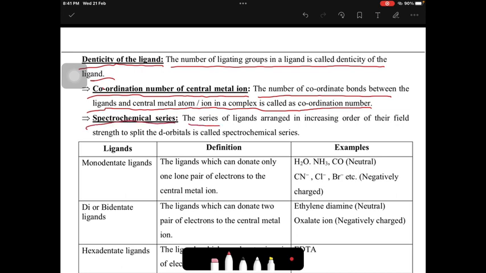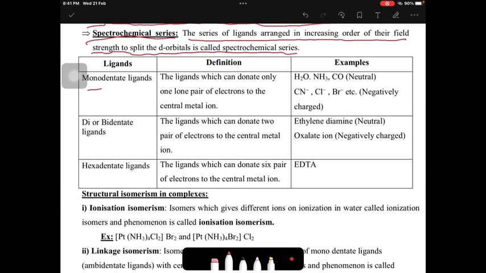Spectrochemical series: the series of ligands arranged in increasing order of their field strength to split the d orbitals. Monodentate ligands can donate only one lone pair of electrons to the central metal atom. Examples: H2O, NH3, CO, which are neutral ligands, and CN minus, Cl minus, Br minus, which are negatively charged ligands.